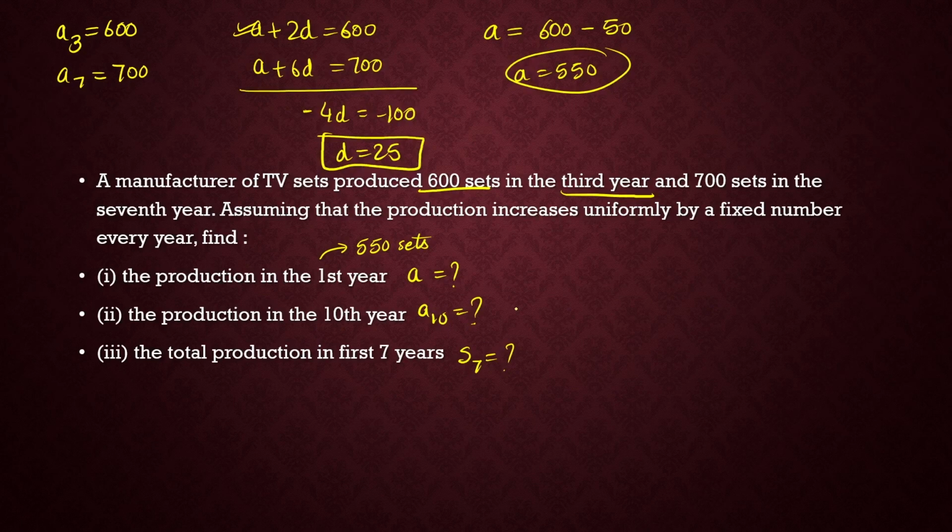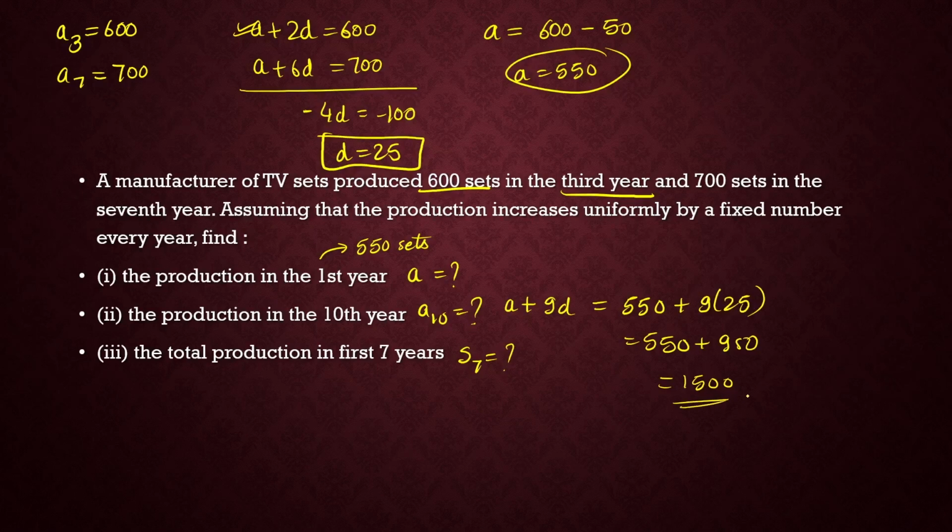Now in the 10th year, it is equal to A plus 9D. So that is equal to 550 plus 9 into 25. So that is equal to 550 plus 950. Okay, that's equal to 1500.